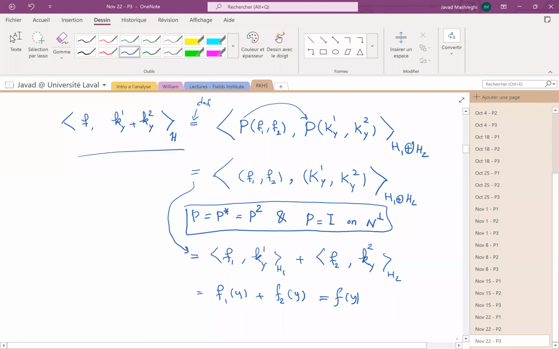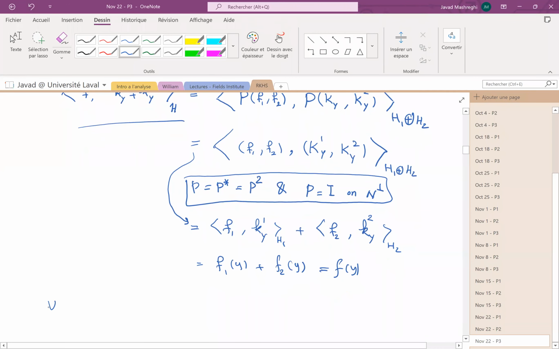So for any y, f(y) is equal to the inner product of f with (k_y^1, k_y^2) in the space H.